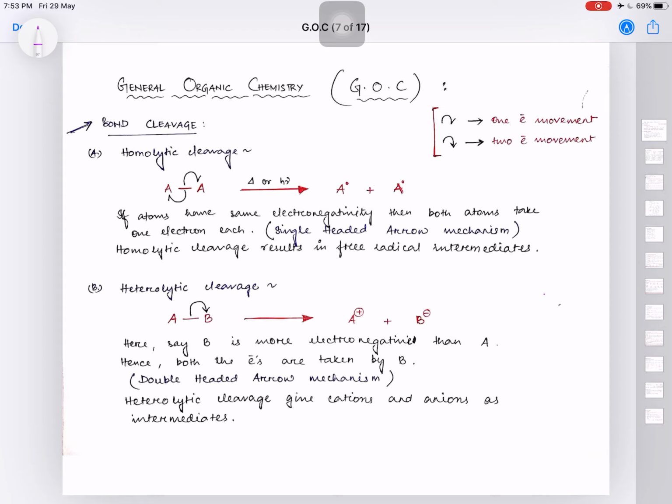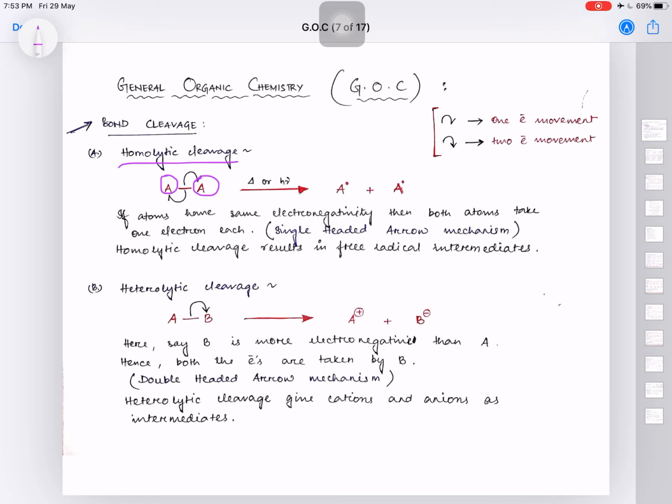So homolysis or homolytic cleavage: in homolysis, both the atoms in a molecule should be the same, meaning their electronegativity difference should be 0, both atoms having the same electronegativity.